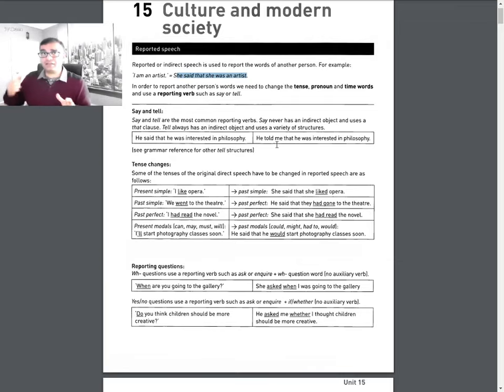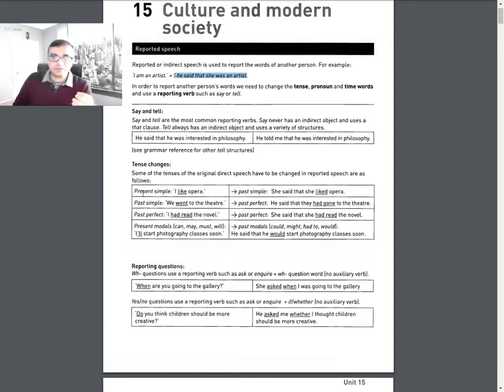She already told that. It's already over. Tell becomes told. Say becomes said. So everything we can change to the past of the grammatical forms here. So this is what happened in tense, pronouns, time words, reporting verbs, and so on.